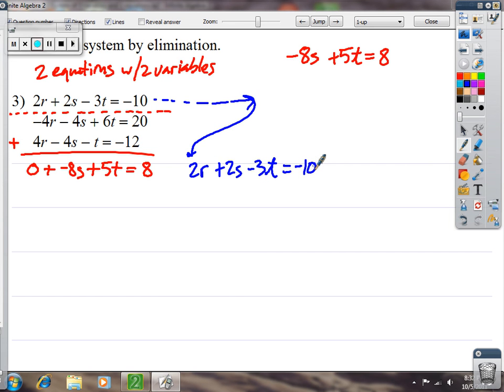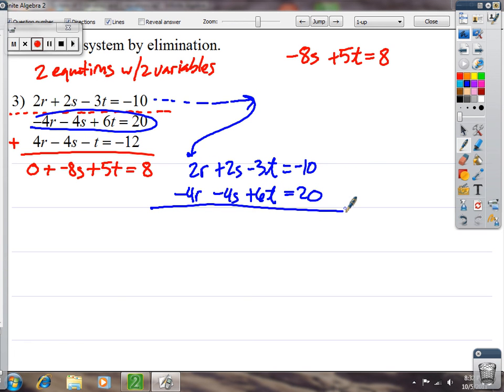Okay, now I can choose to compare my top one with either the middle or the bottom. And I have to get rid of my R's. These are the ones I got to get rid of. And because this is a positive 2R, I'm going to choose the middle, this guy right here, because it's a negative 4R minus 4S plus 6T equals 20. So now look, if I'm going to cancel my R's out, I'm kind of already set up because one of them's positive, one of them's negative, and that's how I'm going to eliminate.